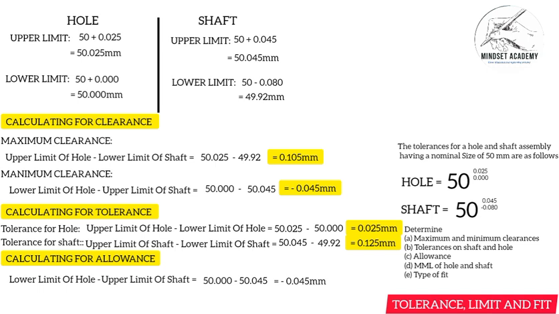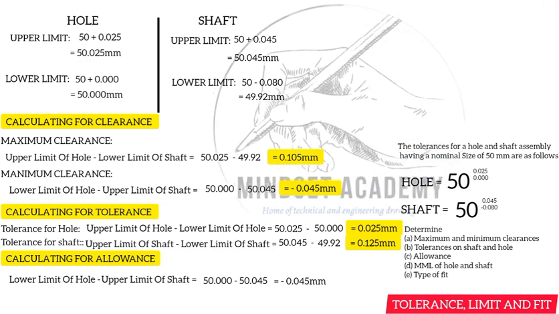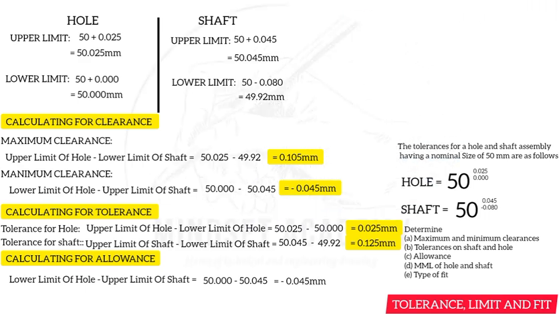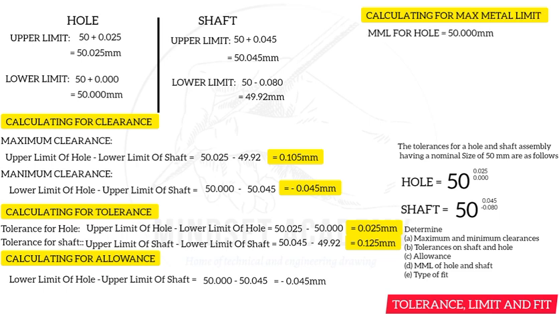Now, the next thing we are trying to do here is to calculate the MML of hole and shaft. That is the maximum metal limit of both the hole and the shaft. So to calculate the maximum metal limit of the hole, which is also called the lower limit of the hole, that's given as what?